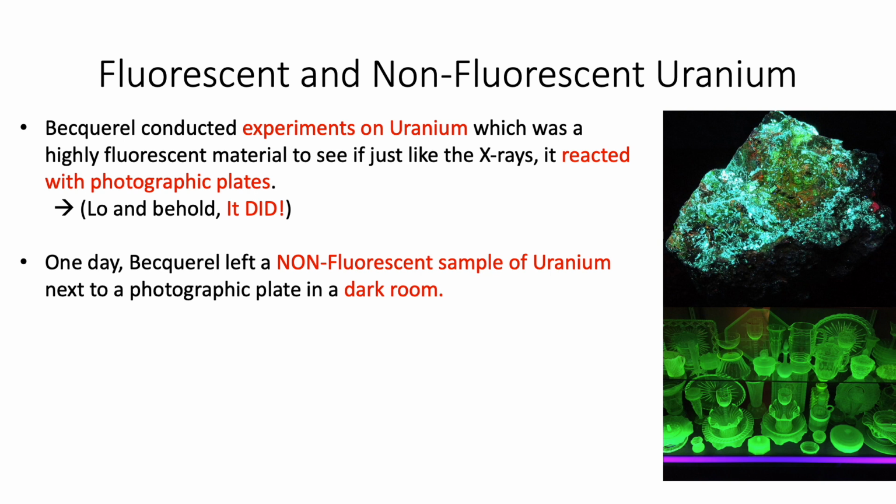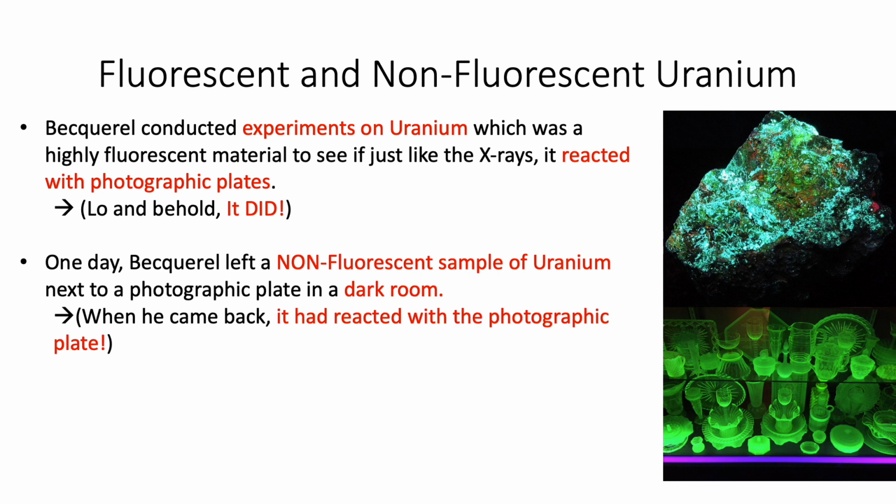What do you think happened then? Remember, this is a non-fluorescent sample of uranium. Do you think it's still going to react with the photographic plate? Let's find out. When he came back, it had reacted with the photographic plate, and this was an utter shock.